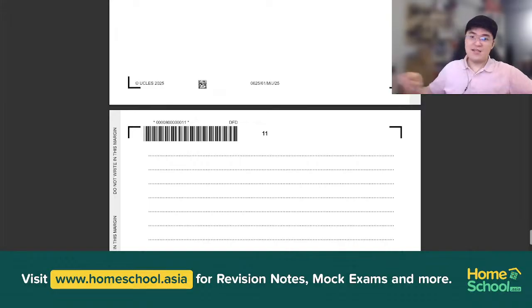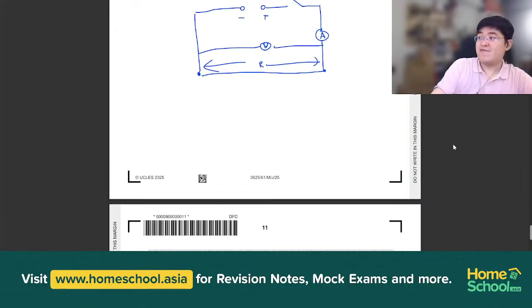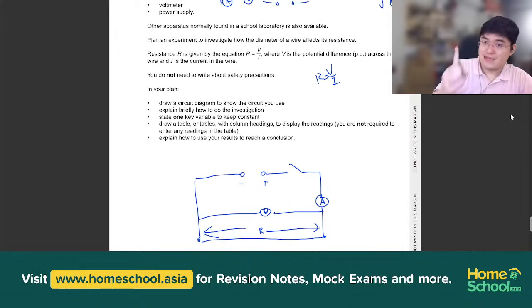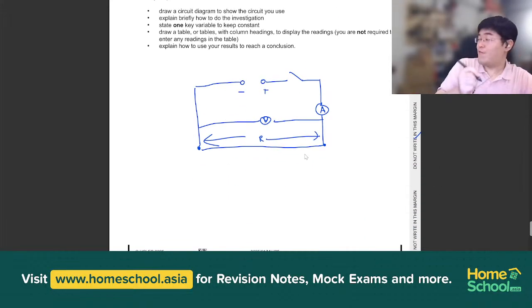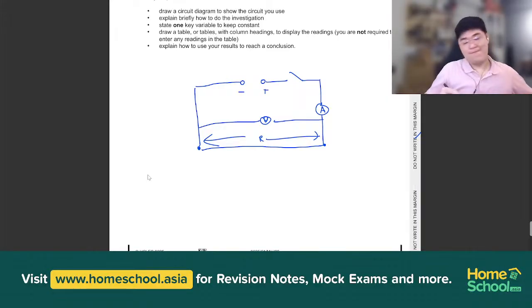So first things first, since we are investigating the diameter of the wire and how it affects its resistance, we should keep one thing constant, which is the length of each wire. So let's say you have a wire that is this thick, and we have another wire that is this thick.